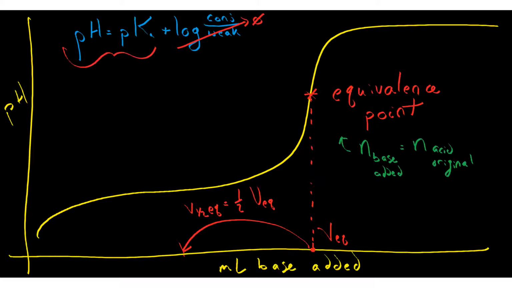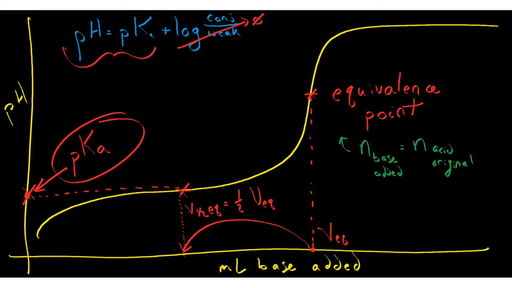So, you just look at your graph, and at 1/2 equivalence, pH is equal to pKa. And that is pretty darn good for having only to do one mathematical calculation. That's dividing the volume by 2 to find the 1/2 equivalence point volume. And then you just go up on your line, and then you go over to the pH at that point. That's literally all you have to do.